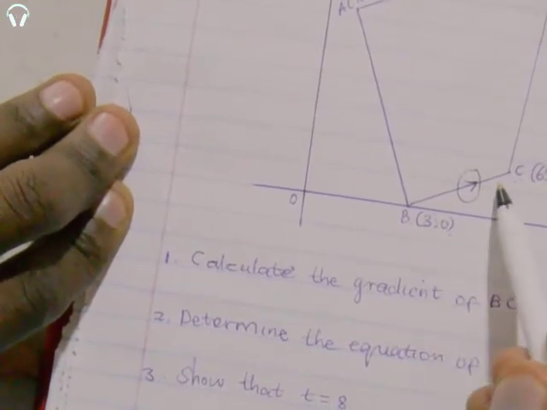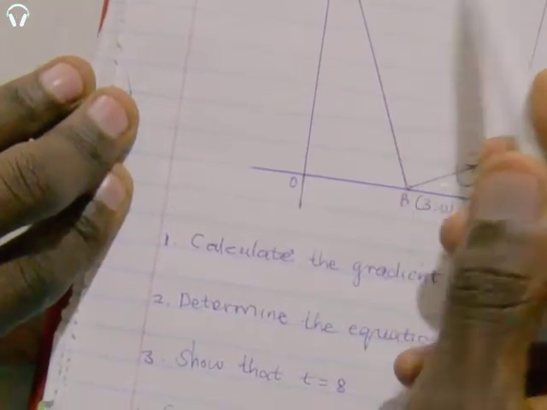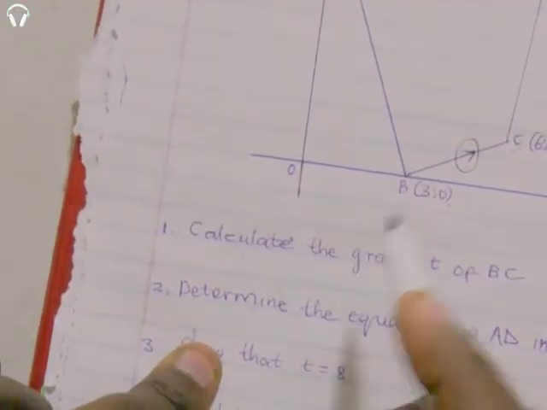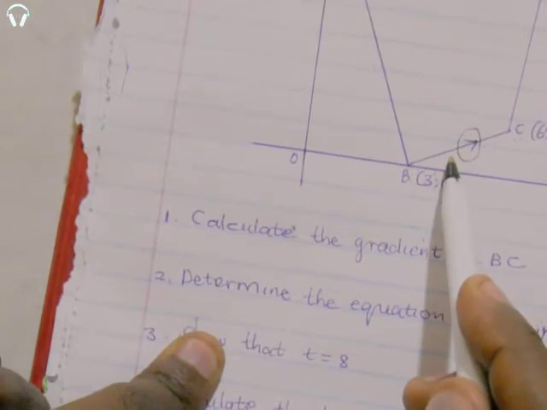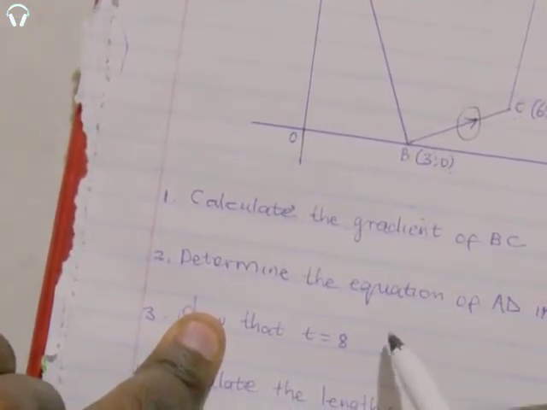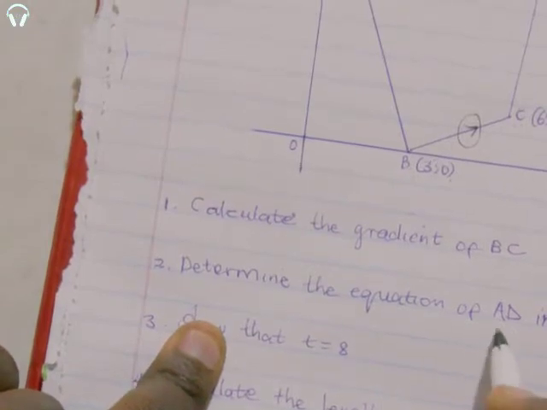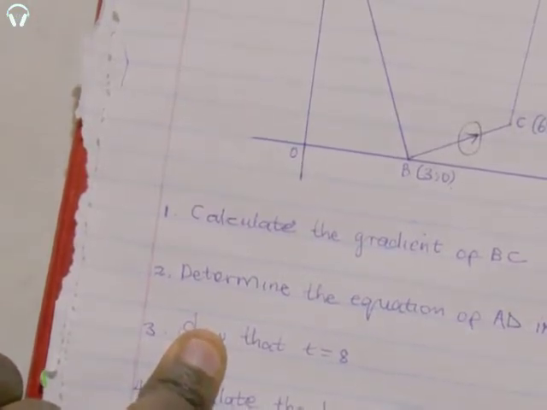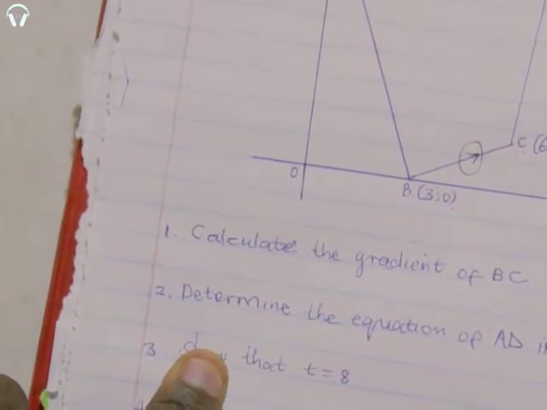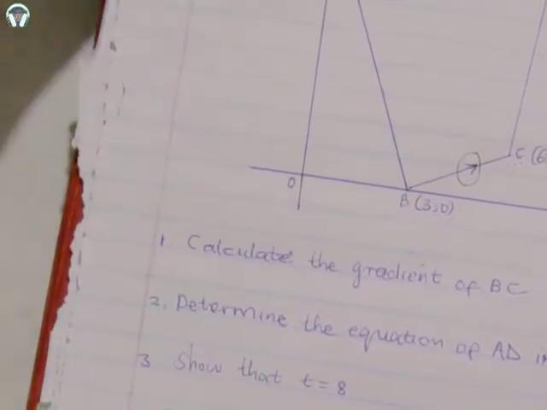So the gradient of BC is also the gradient of AD. So now that we have the gradient, the only thing we need now is the constant c, because the question says determine the equation of AD in the form y equals. Therefore, we need to put it in the form y equals mx plus c because it is a straight line.